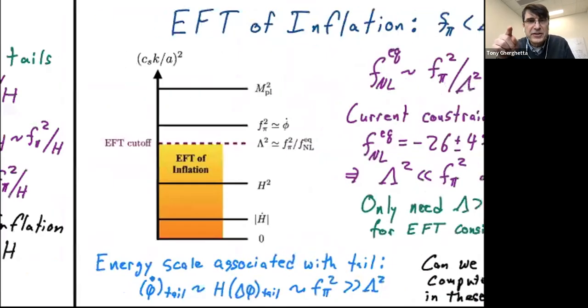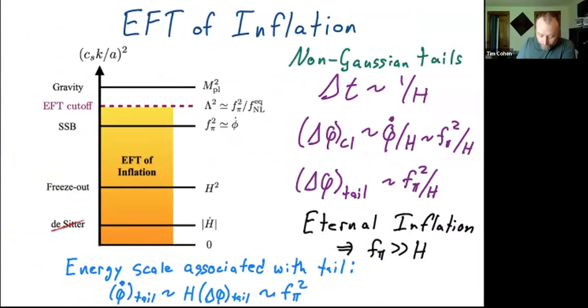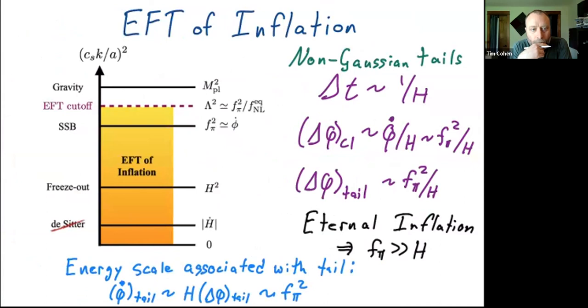And what's the expansion parameter, or how are you interpreting f pi? Yeah, so it's phi dot. If I was thinking about just chaotic inflation, m squared phi squared, what's your f pi? So it's basically just the slow roll parameter.